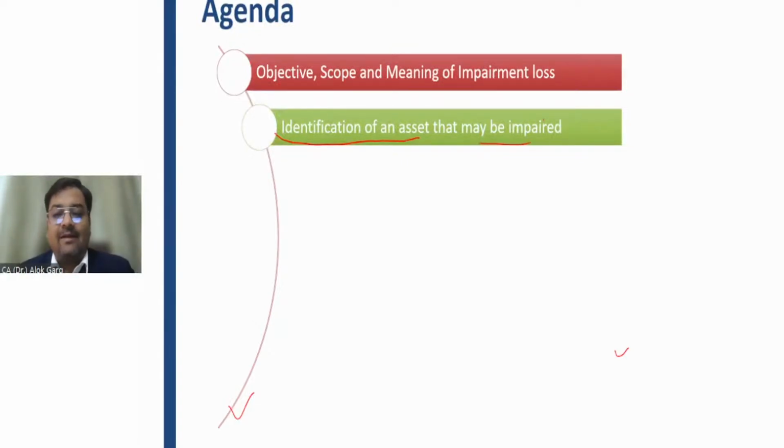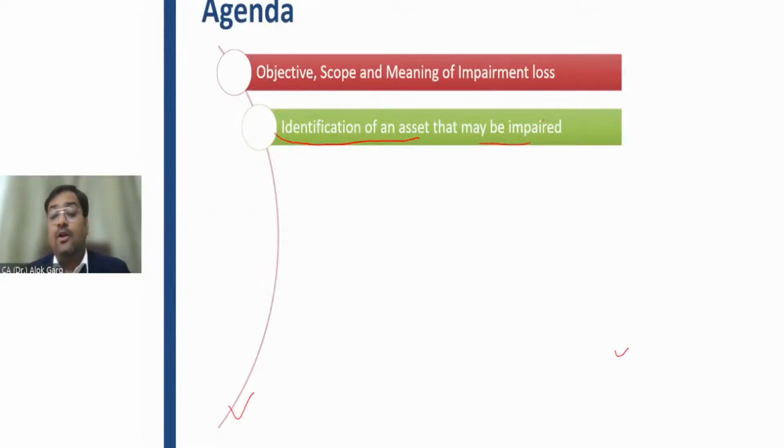So friends, practically and theoretically, everything is okay. But since you are the future chartered accountants, when you become a CA and you work in industry or you audit the financial statements of companies, you will see that impairment is not a theoretical exercise.